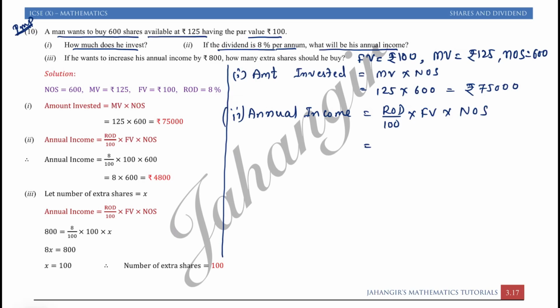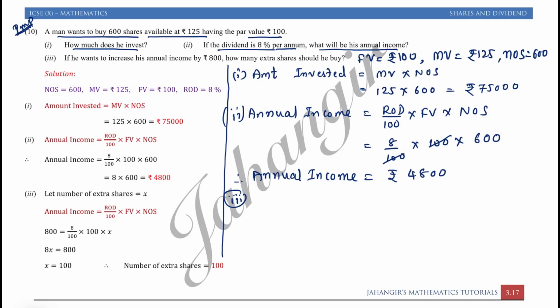So ROD is given as 8% upon 100 into face value is 100 rupees into number of shares is 600. 100 cancel. So therefore annual income is rupees 8 into 600, that is 4800.